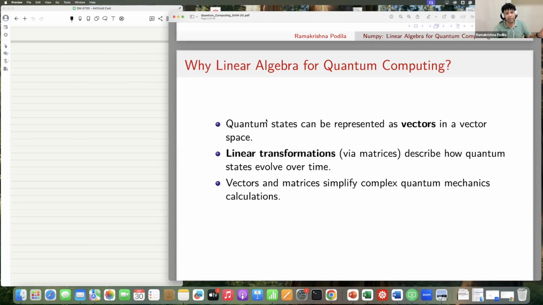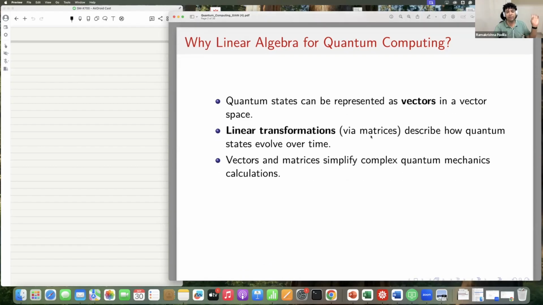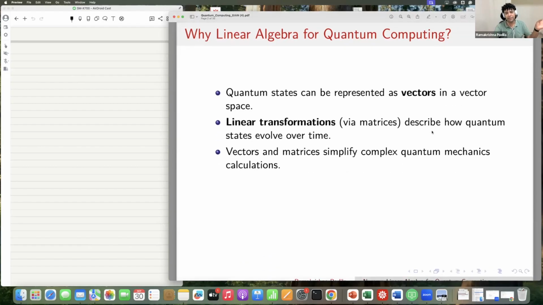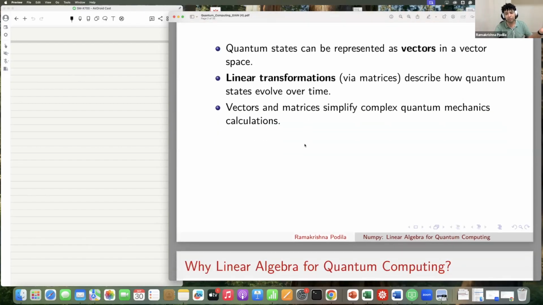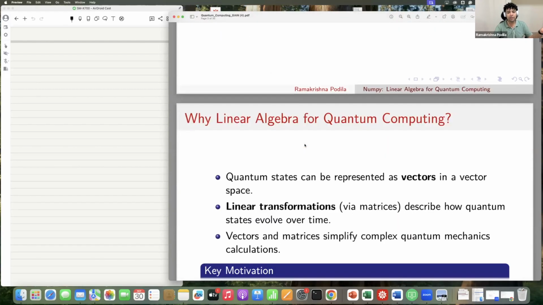The take-home message from the last lecture from Dr. Gargi was that quantum states, the information encoded in the preparation, can be represented as vectors in a vector space. Linear transformations via matrices describe how quantum states evolve over time. These simplify what would otherwise be complicated quantum calculations.